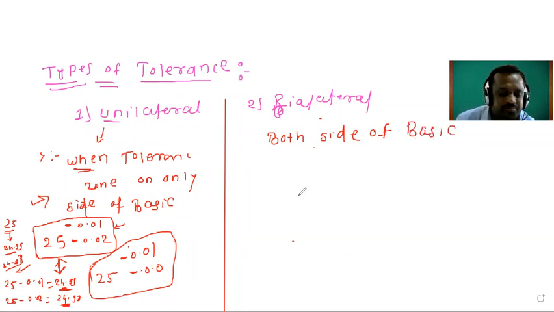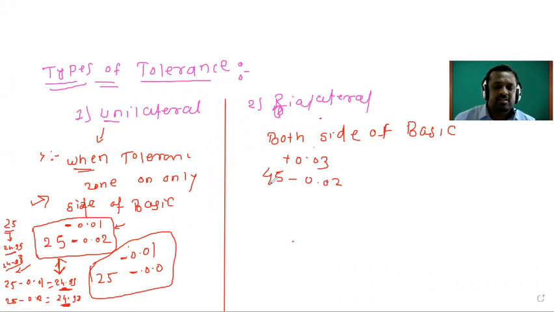Okay, suppose an example: 45 plus 0.03 minus 0.02.